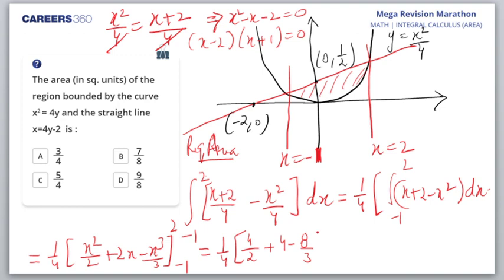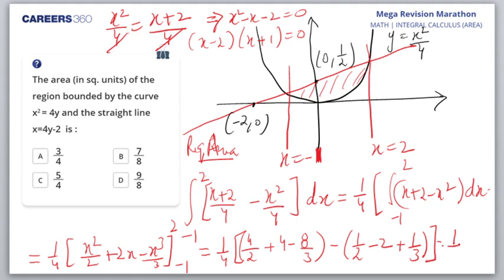This is what I get. When I put minus 1, I get 1 by 2 minus 2 plus 1 by 3. Okay, so I'll solve it. So I get 27 by 6.